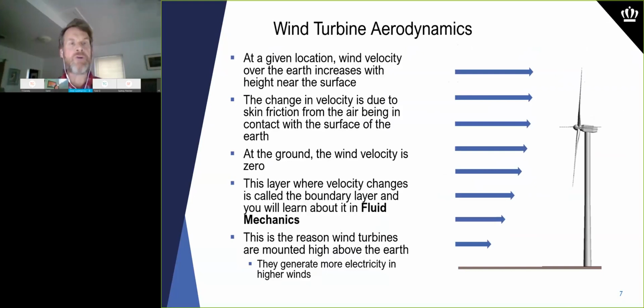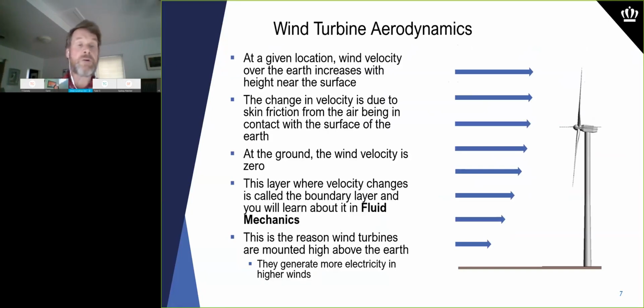So I mentioned that the wind turbines are located high above the earth. Well, if you study the flow of air over the earth, or actually the flow of air over any surface, you'll discover that due to friction, the flow near the surface is actually lower in velocity than it is away from the surface. This concept is known as a boundary layer, an area where energy is reduced.